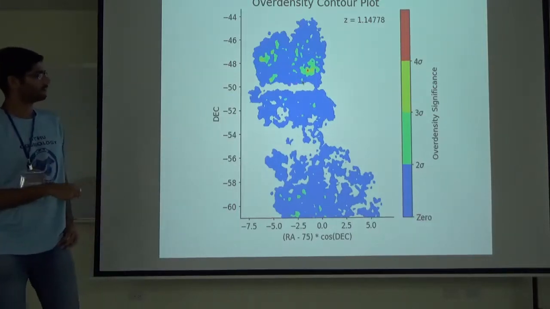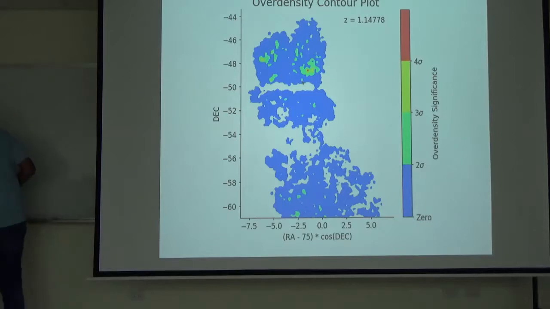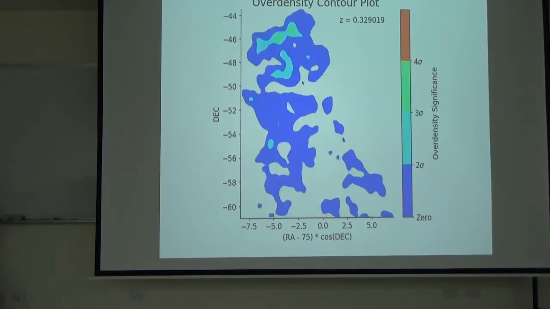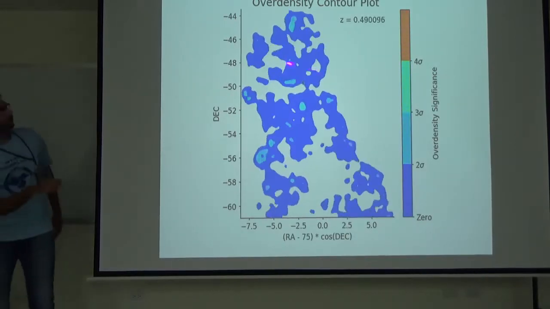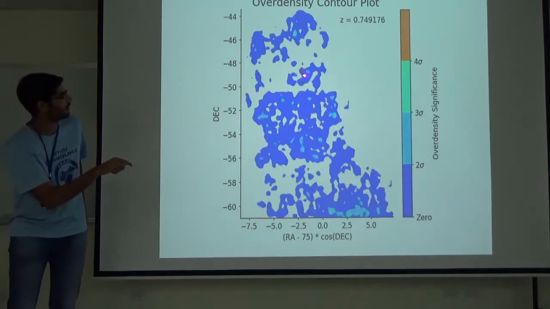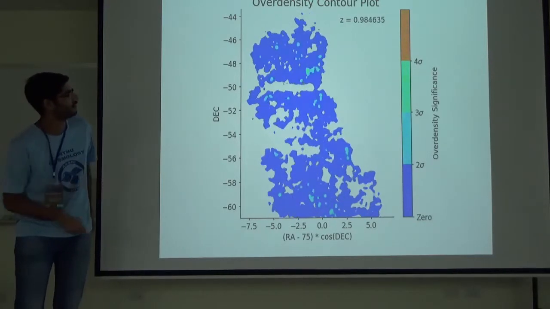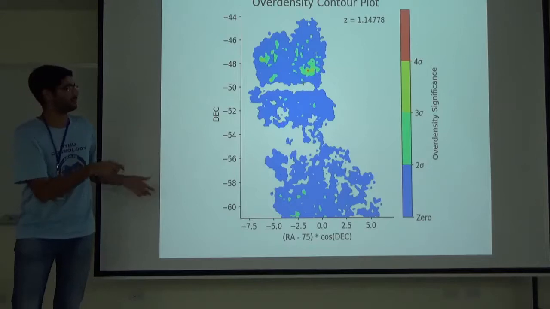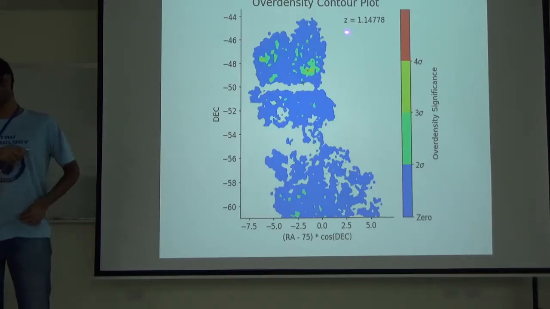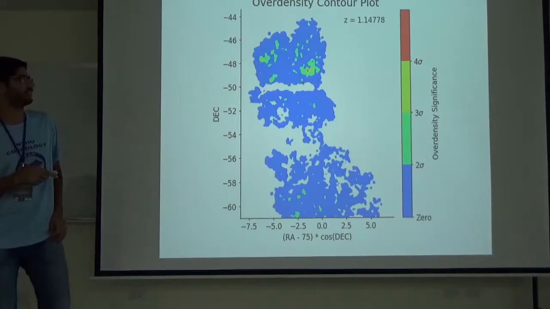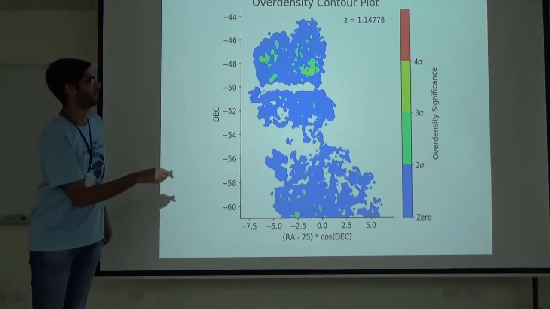Can you put it again? Yeah, fair enough. So over here, this thing, yeah, it disappears and comes back. So that was at around redshift 0.7. This is at around 1.1.